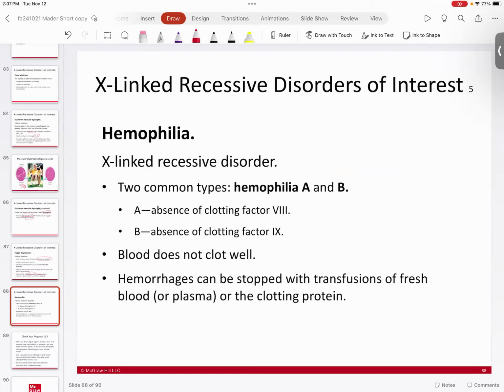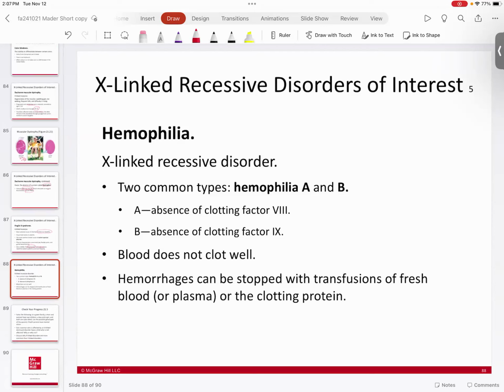Hemophilia is another X-linked recessive. This was a common one that we found out early on in the early part of the 20th century. And so there's two different types, hemophilia A and B. In A, it's the absence of clotting factor 8, and in B, it's the absence of clotting factor 9. And so ultimately, your blood doesn't clot, so it's basically too thin. And this causes bleed outs.